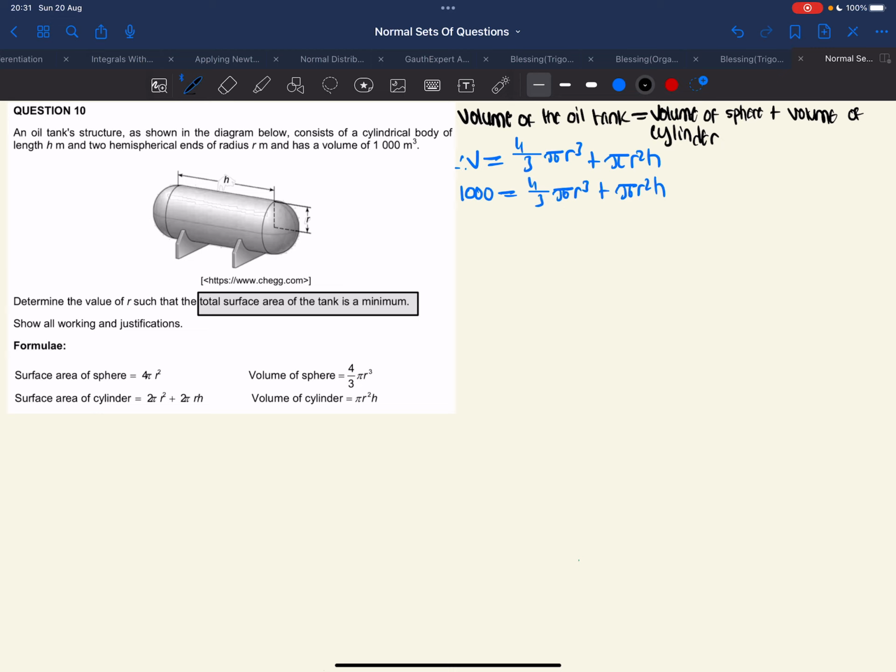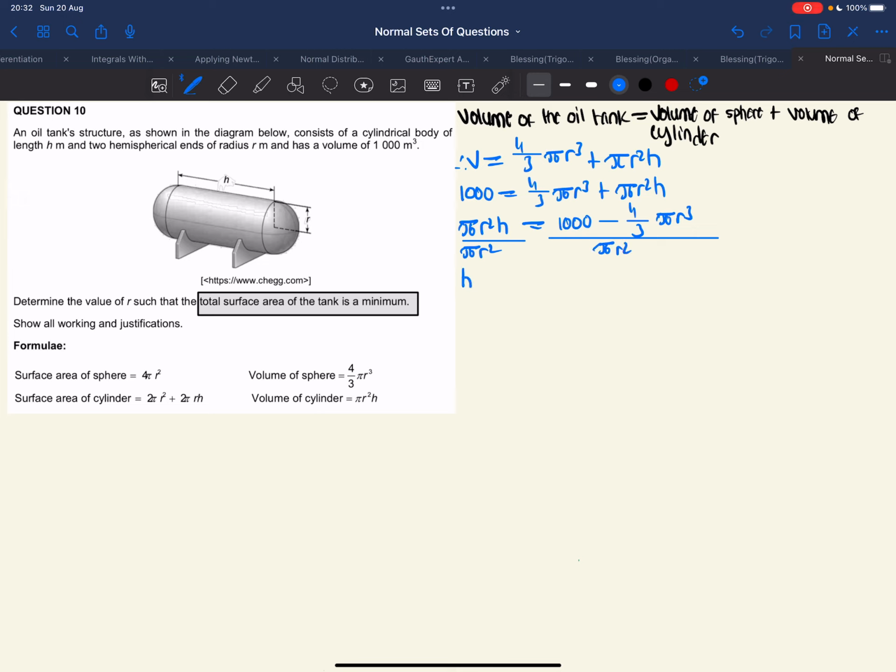You can do that this way. You can say pi r squared h equals 1000 minus 4 over 3 pi r to the third, right? And then you divide both sides by pi r squared.